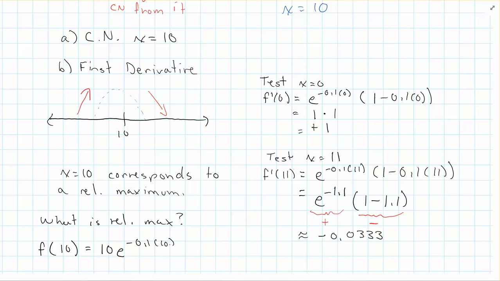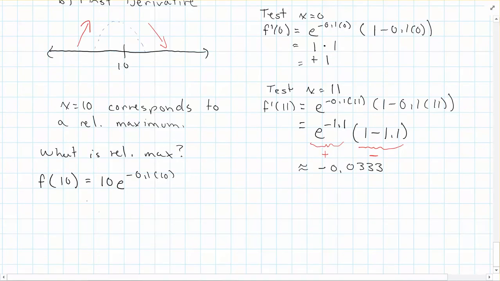So just a second. And you get that this is equal to 3.68 if you round it. So the maximum, again here, this is my relative max. x equals 10 corresponds to the location of my relative max.